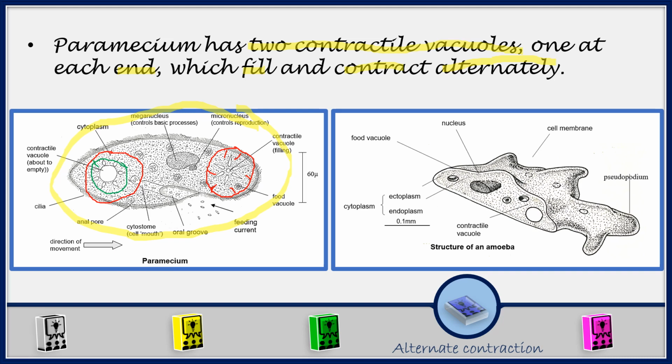When this one is filling, this one is contracting. And when this one has released its content out, now this one will be swollen. And then it will also release the contents later on. So that's what is going to happen there.